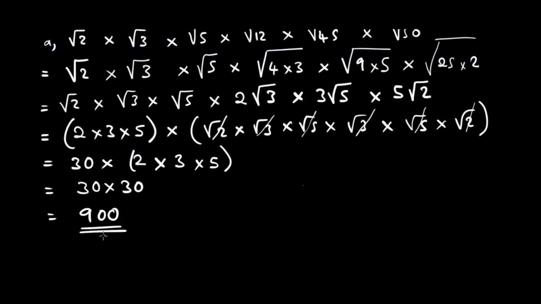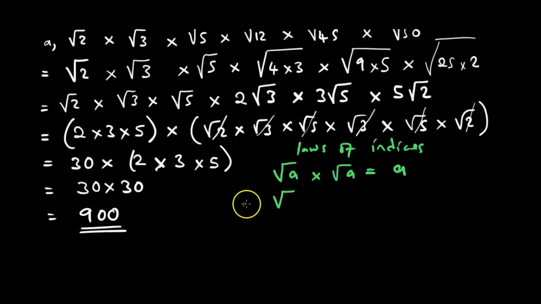So this was a fascinating question because it applied many principles. Here we applied the laws of indices, that when we say the square root of a times the square root of a is equal to a.